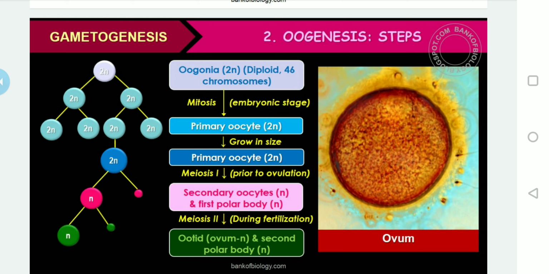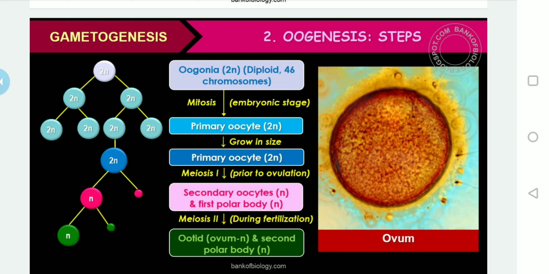Now, moving to the further process, the second meiotic division is generally arrested at metaphase II, and does not proceed further until the sperm penetrates. Remember, this is very important. They can ask this topic in competitive exams also.